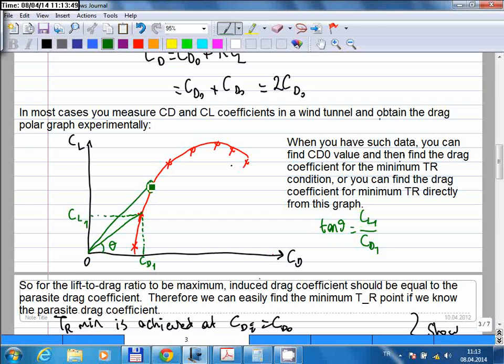Because the angle is greater. For this case, the angle is more or less the same, but just a little bit larger. If you do it for this data point, the ratio is smaller again, right? Because the angle is smaller. And the angle is maximum when this straight line becomes tangent to this drag polar curve.